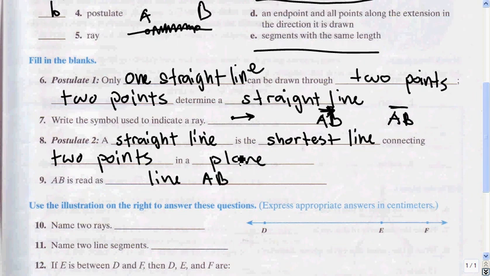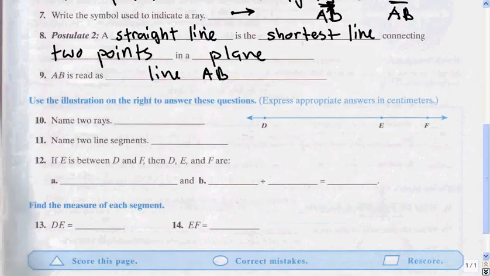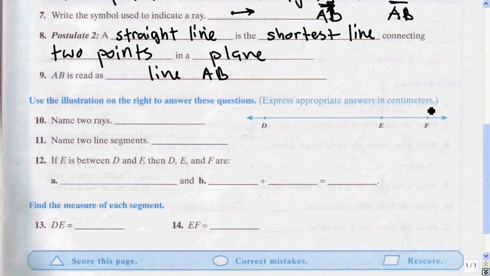Here they're asking us to name 2 rays. Well, we can say ray AD, we can say ED, I'm sorry, ray ED. Remember when we're talking about a ray, we put a little arrow on top.